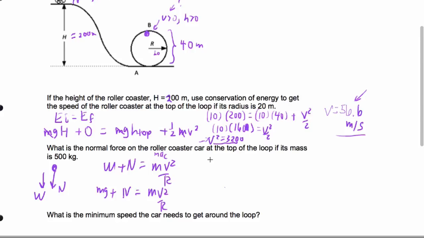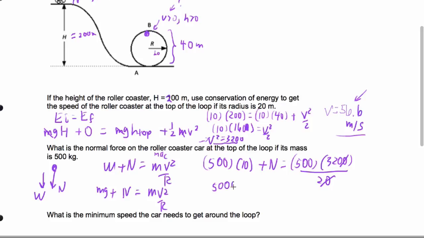Let's continue with the math. So 500 times 10 plus the normal force equals 500 times v squared is 3,200 and r is 20, so this cancels. So we end up getting 500, so 5,000 plus N equals 500 times 160.